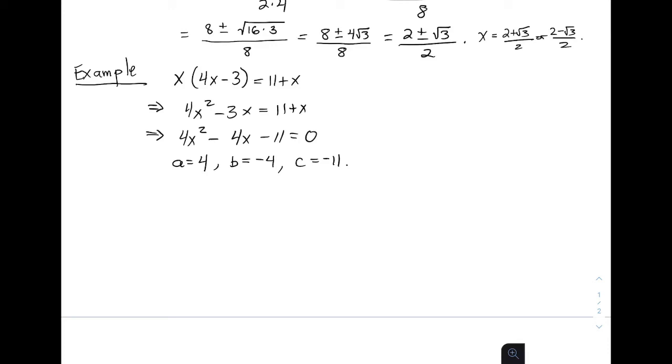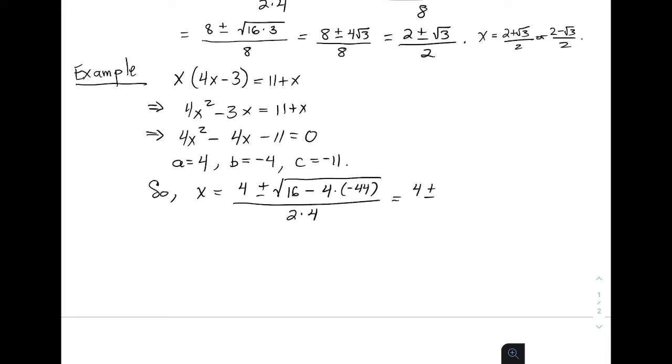So x is equal to the opposite of b plus or minus the square root of b squared minus 4 a times c, which is negative 44, over 2 times 4, which is equal to 4 plus or minus the square root of 44. 44 is 4 times 11, so we can factor 16 out.